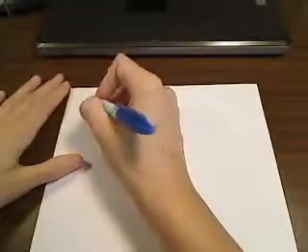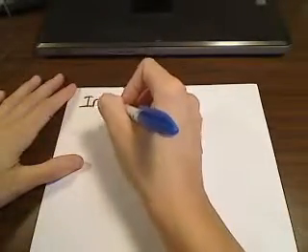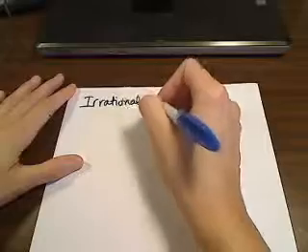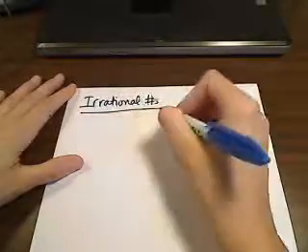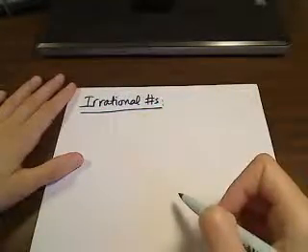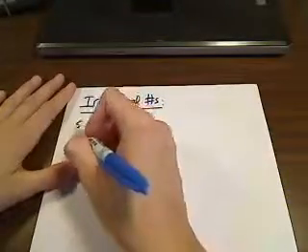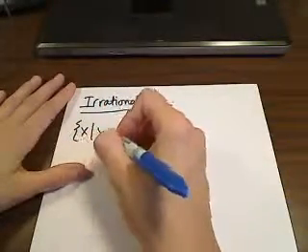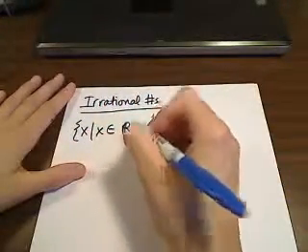Okay. Next classification, and the last one we're going to talk about for the moment, is the irrational numbers. The irrational numbers are x such that x is an element of the real numbers.